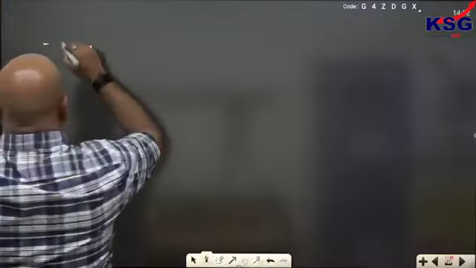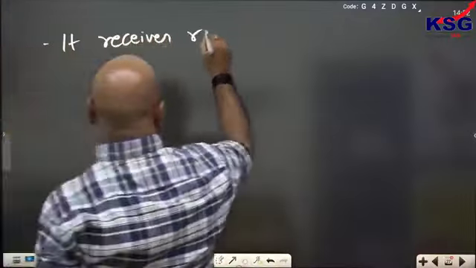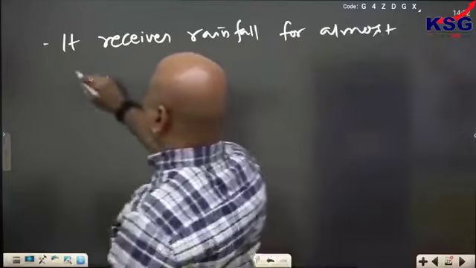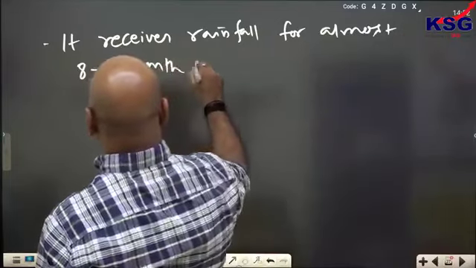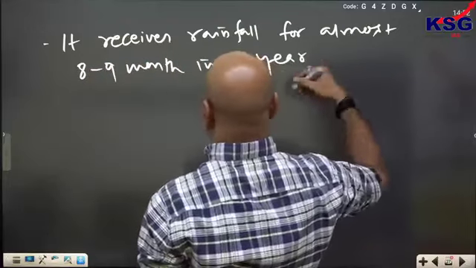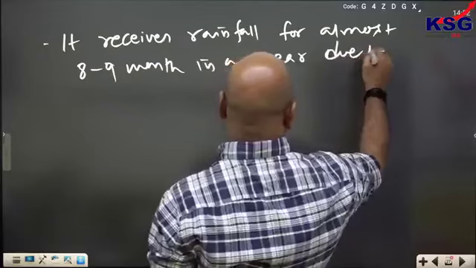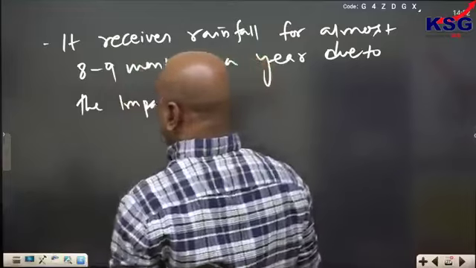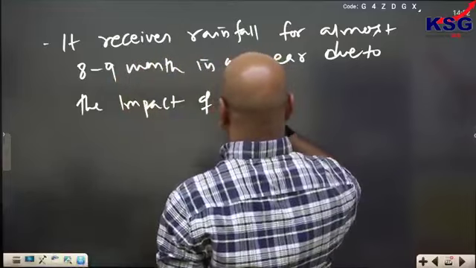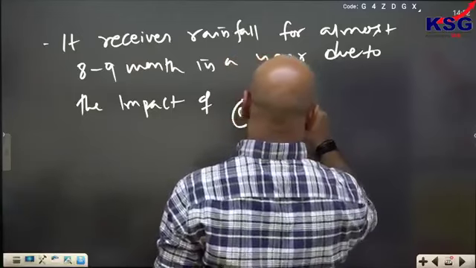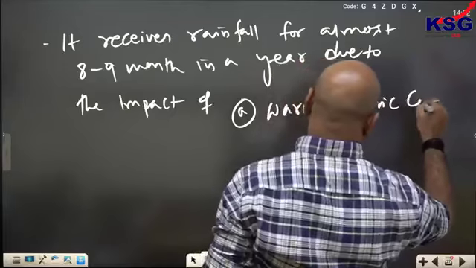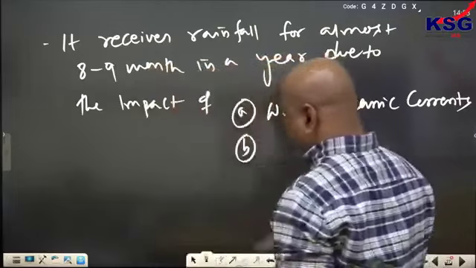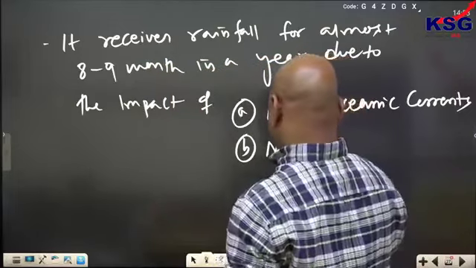So it receives rainfall for almost 8 to 9 months in a year, due to the impact of A, warm oceanic currents, and B, easterly wind.